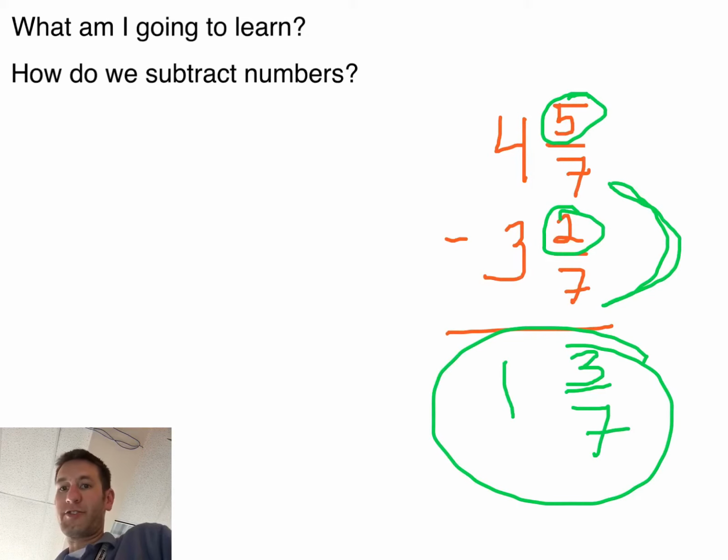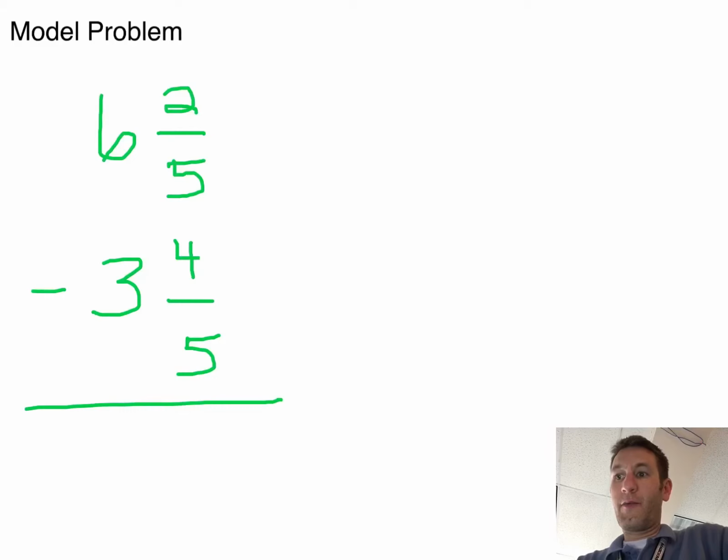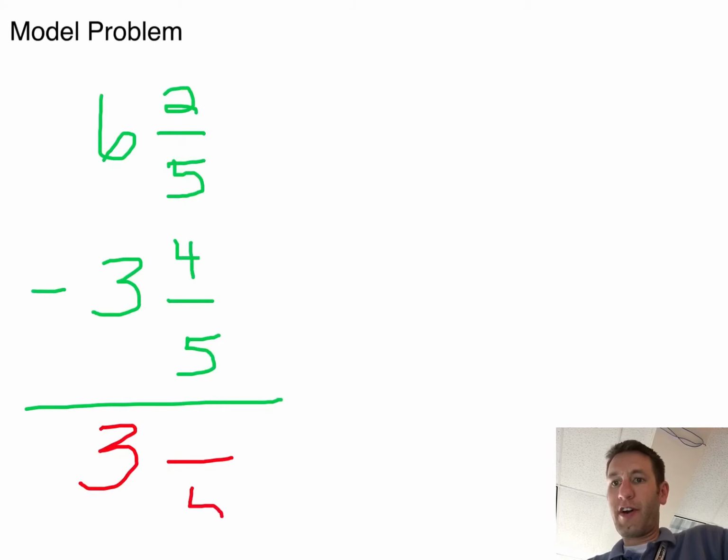But there's a catch. And what the catch is, everybody, is that if you look, 6 minus 3, we know that we can simply subtract those and get an answer of 3. Now, our denominators, those right here, folks, are still the same, so I know my denominator will be 5.